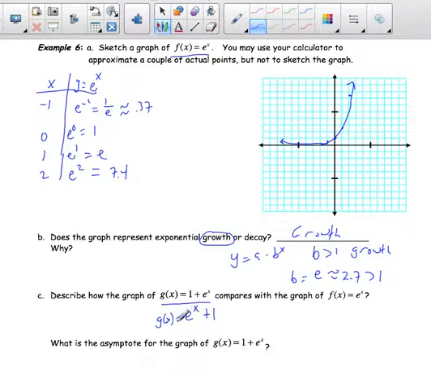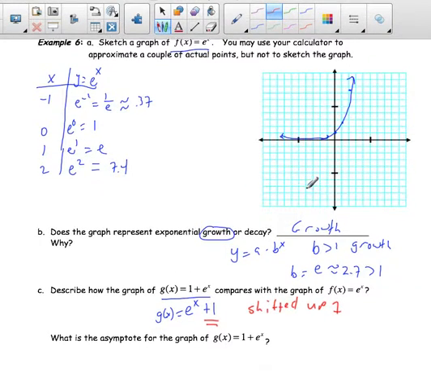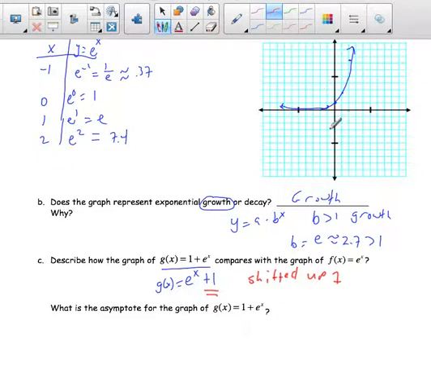So when I have e to the x plus 1, what I'm doing is I'm adding 1 to y values, so this graph will be shifted up 1 relative to the parent function, which is e to the x. And the last part asks us what is the asymptote for the graph of this new function, 1 plus e to the x. If it's shifted up 1, it's also going to shift up that horizontal asymptote.